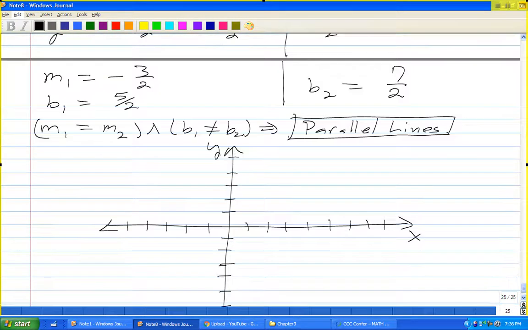That solves it. So let's look at the point (1, 1), and we go over 2, down 3, and draw a line connecting those.